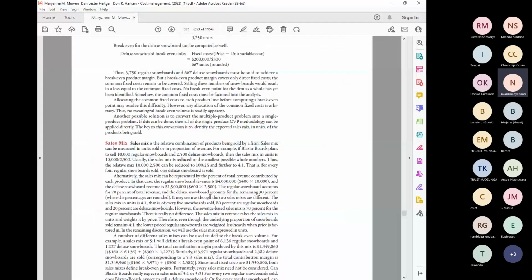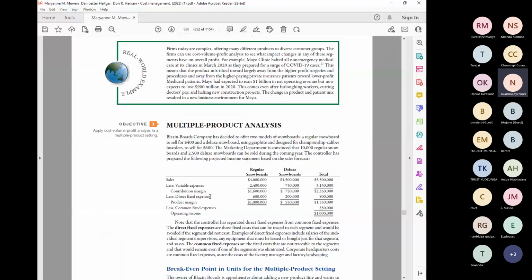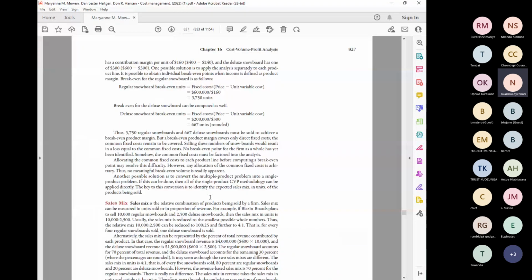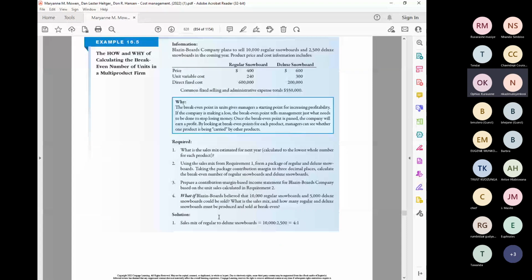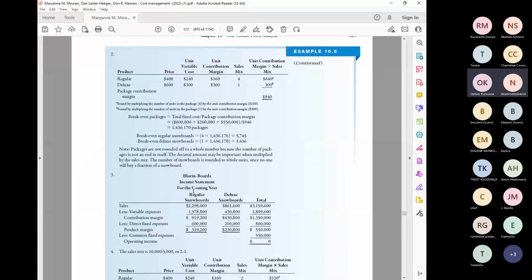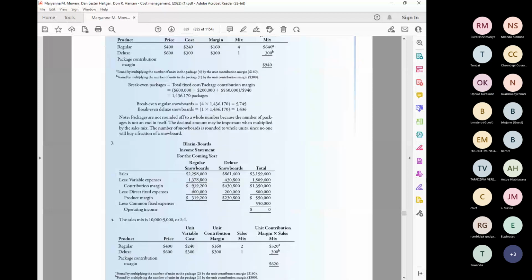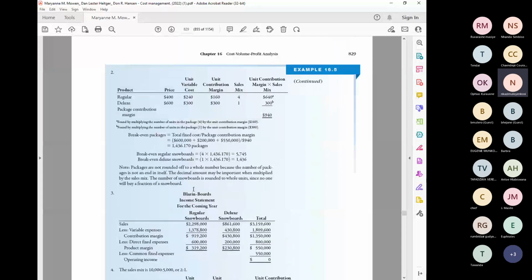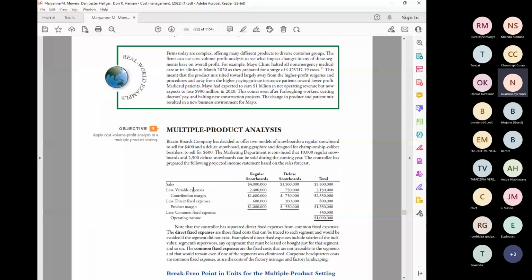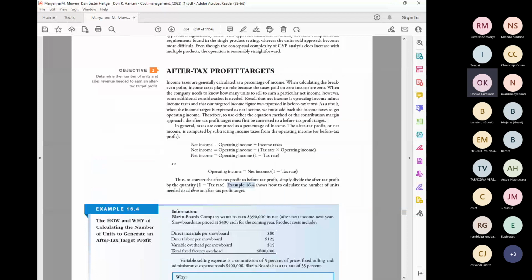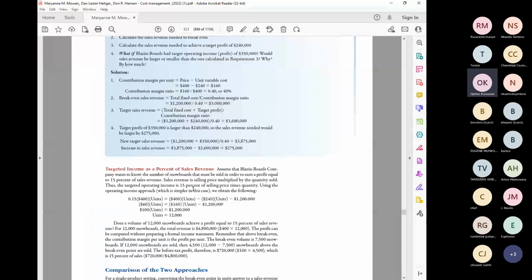I think on our own, we need to read this so we can grab it. It's simple, if you are able to calculate contribution. Are you able to calculate contribution? Yes, sir.